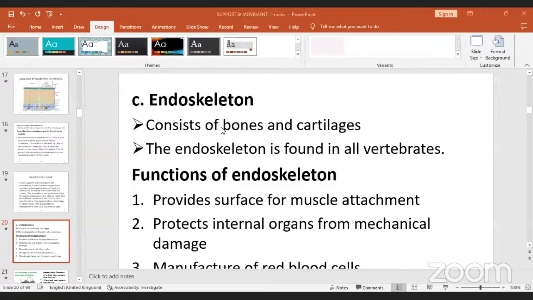Now, endoskeleton. Endoskeleton is the internal skeleton. You'll find it in mammals, in vertebrates. Let's talk about vertebrates. It consists of bones and cartilages. Bones have more calcium deposits, which makes them harder than cartilages.